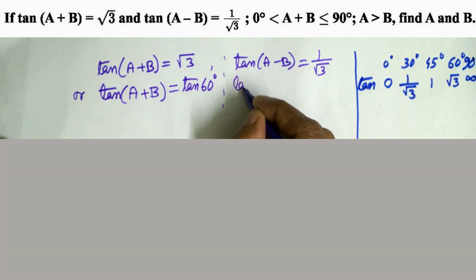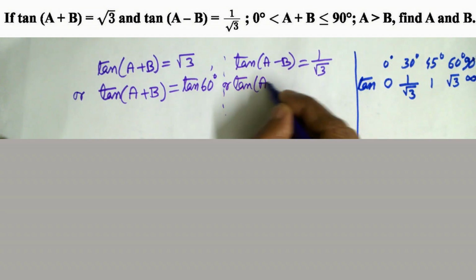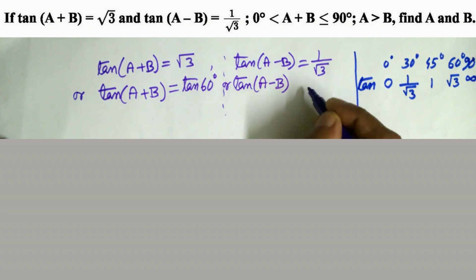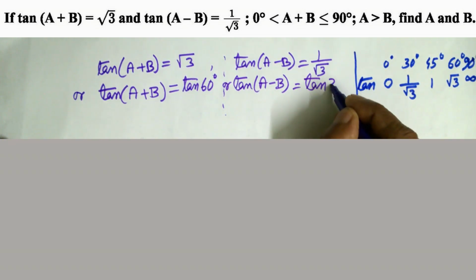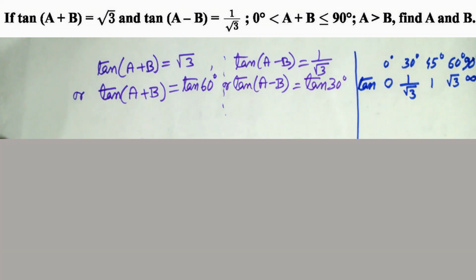So tan of a minus b is equal to tan 30 degree. Now see, in this case, tan of a plus b is equal to tan 60 degree.